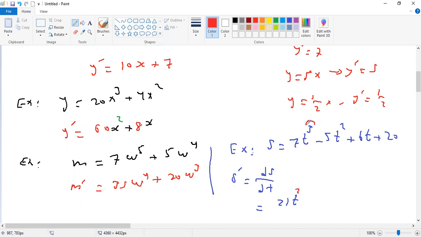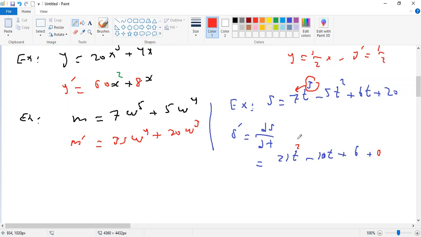Why 2? Because I have a 3, and 3 minus 1 is 2. Second one, minus 2 times 5, which is 10, and t to the power 2 minus 1, which is 1, but you don't write 1, students, so just t. Then 6t, where t is 1, so the derivative will be 6. Plus 20 is a constant, so the derivative of a constant is 0. There is no variable in a constant function.